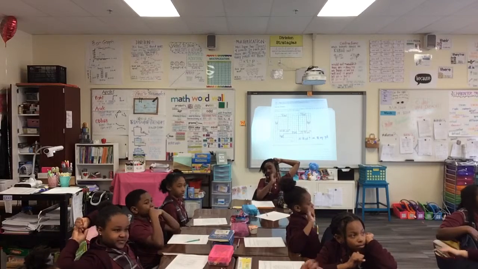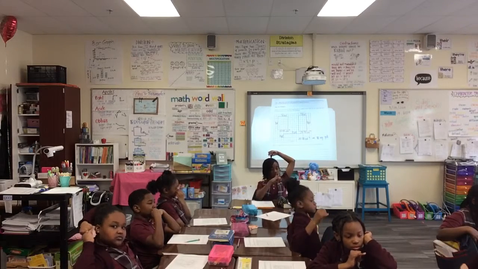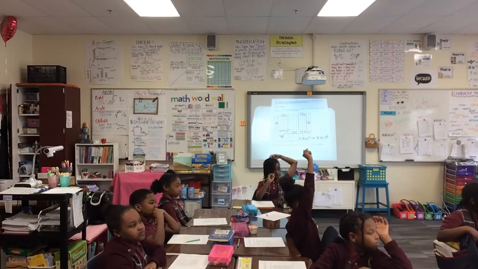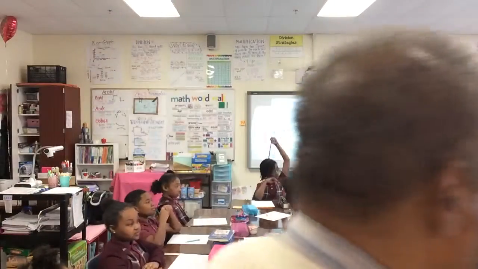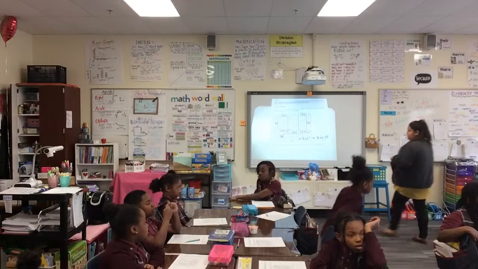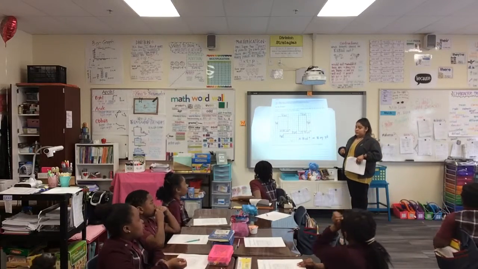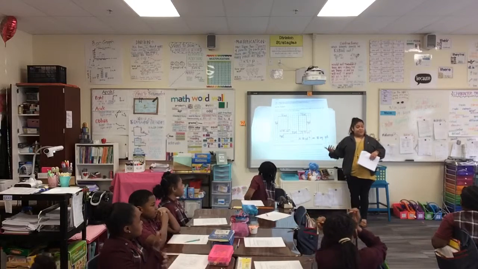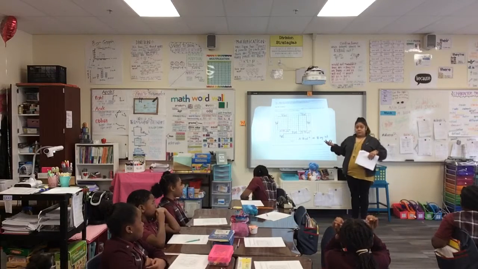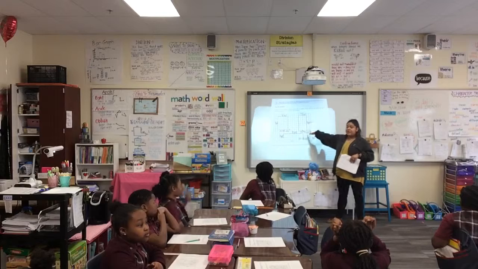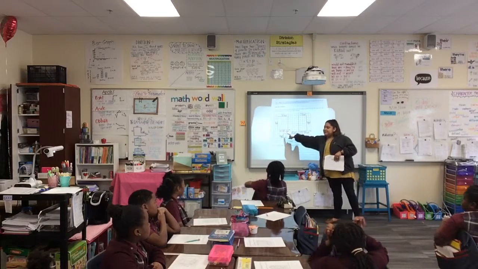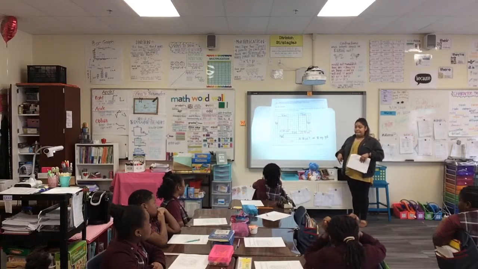You're comparing your numbers and trying to decide, is any number greater than 35? Yes or no? No. So is there an area that is larger? No. Which area is larger than 35, Taya?